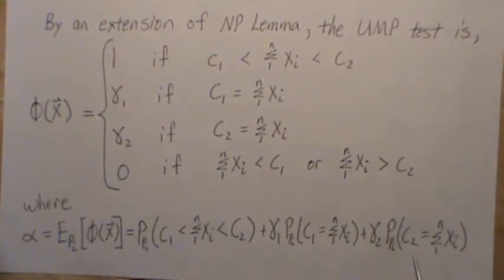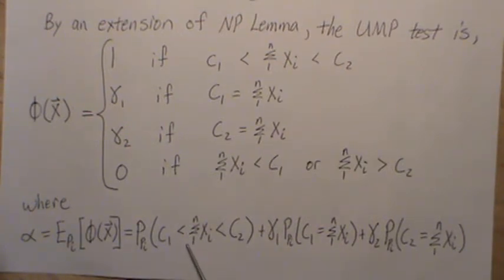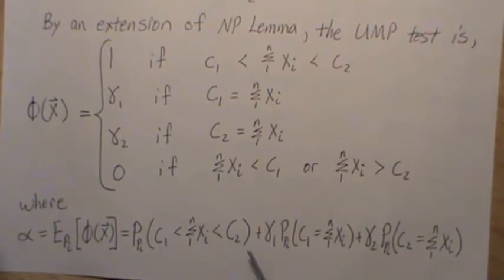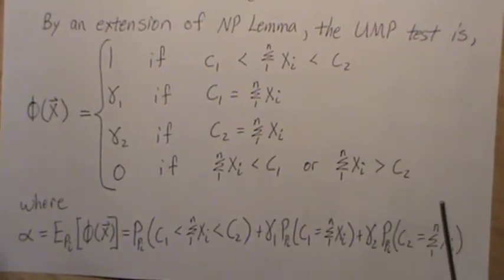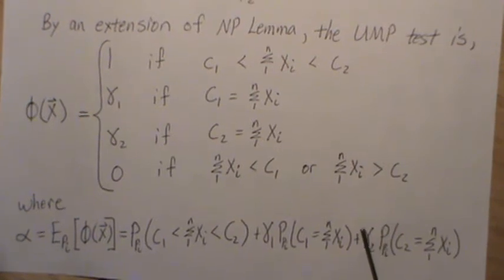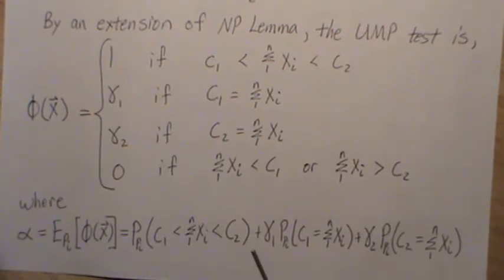And so this creates two equations that equal alpha. Now, this creates unique values for C1, C2, gamma 1, and gamma 2. And so technically I probably should say it creates essentially unique C1, C2, gamma 1, and gamma 2.